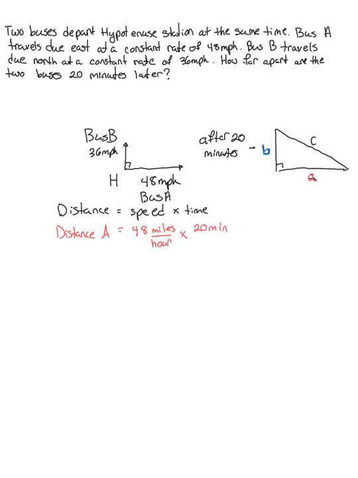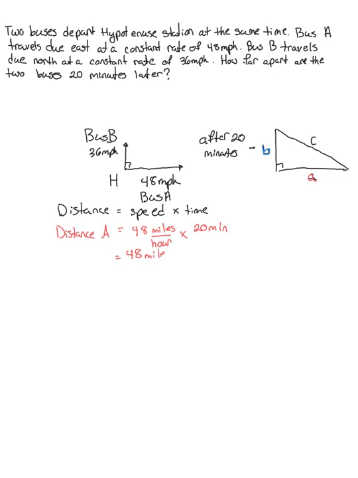Okay, so we want to get that in terms of a distance. So let's see if we can get it in terms of miles. Right here it doesn't look quite right, because if we did the multiplication, then our units would be miles times minutes over hour, which doesn't make sense. So we need to convert the speed in terms of miles per minute. We can do that by doing a little bit of dimensional analysis.